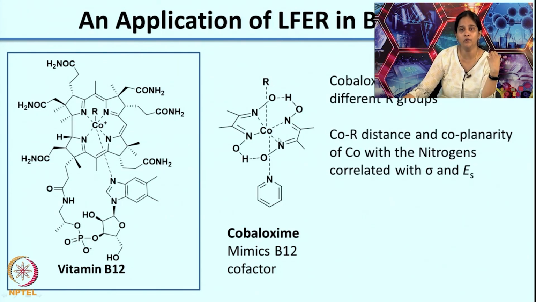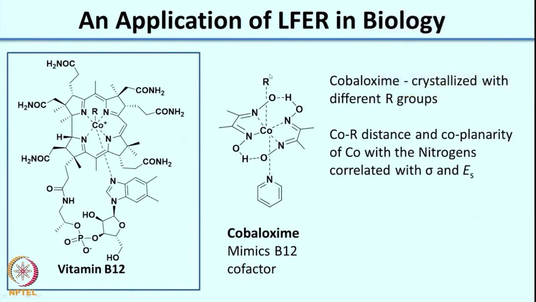So, what they wanted to do is they wanted to see how the R group has an effect on the properties of cobaloxime, and this in turn would give them some idea about the effect of R group on vitamin B12. So, what they did is they crystallized different molecules where the R group was varied. So, you must have studied what crystallization is, right?